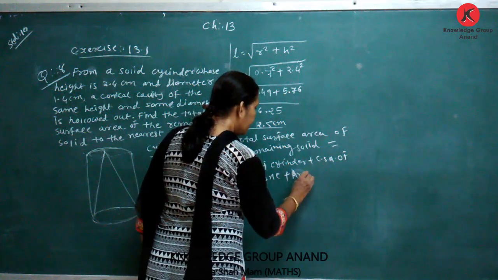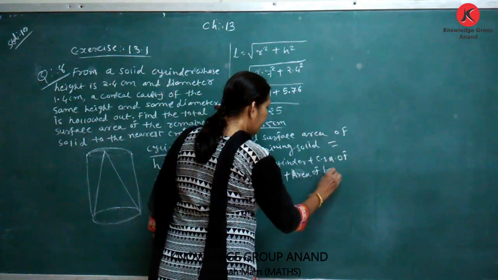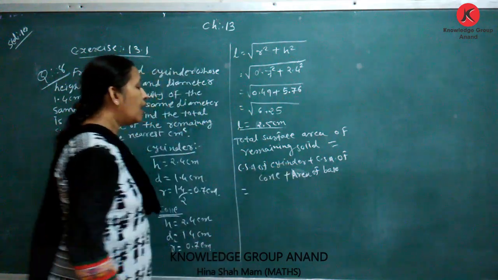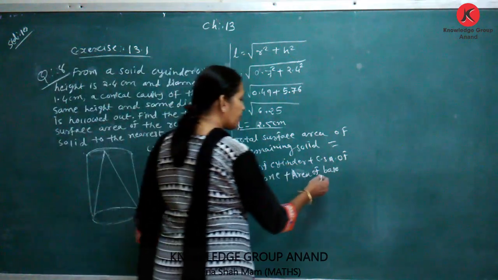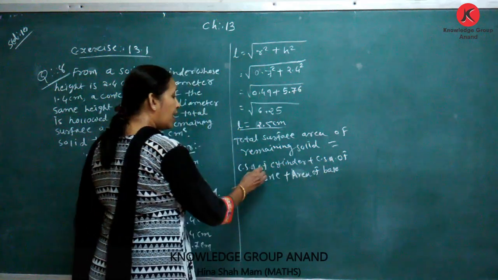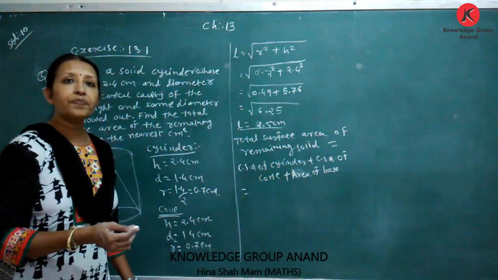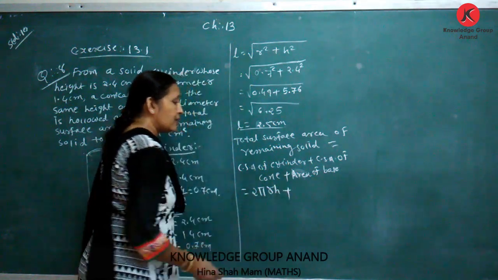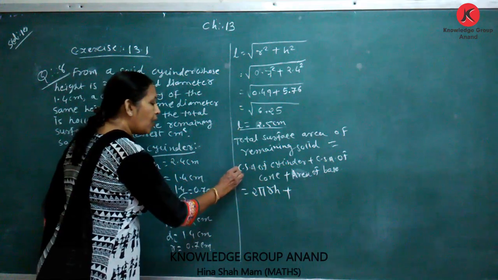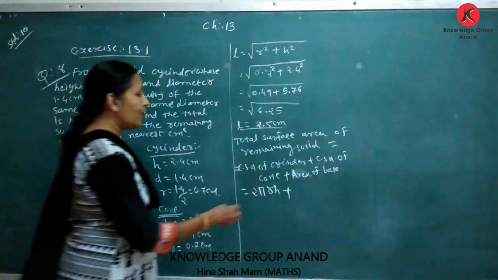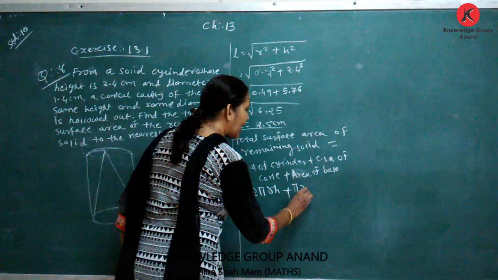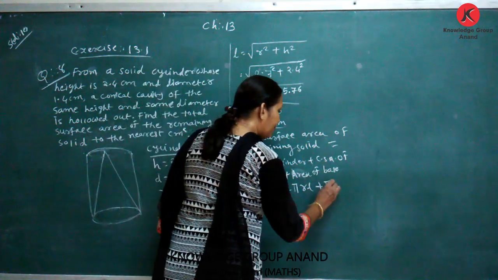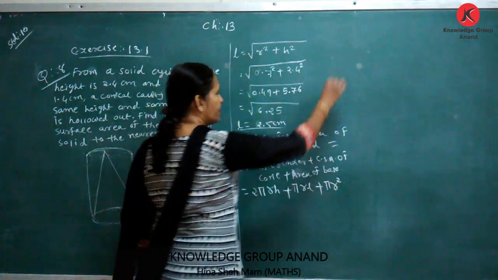And area of base is equal to area of circular base. We know circular base. Curved surface area of cylinder is equal to 2 pi R H plus curved surface area of cone, formula of cone pi R L, plus base, which is circular, then pi R square.